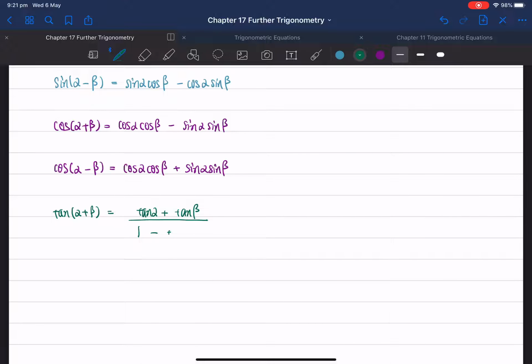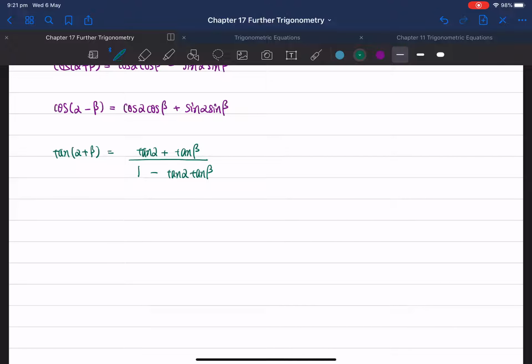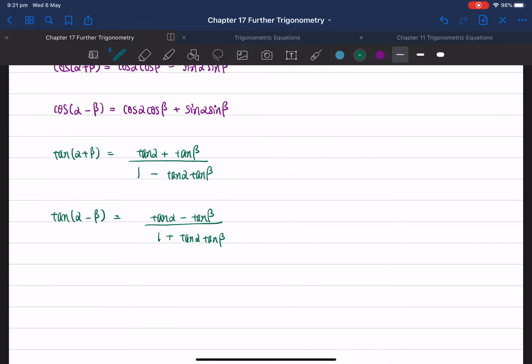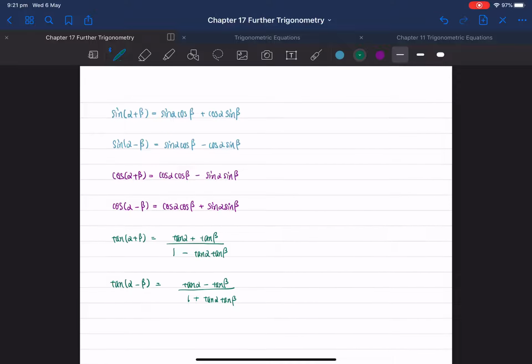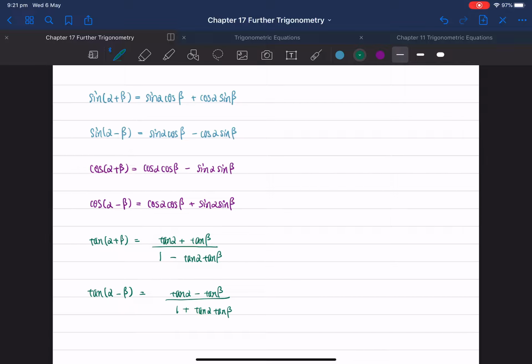So 1 minus the product of these two terms. So it's still pretty easy. And the last one is if it's minus, then for the numerator it is going to be minus, and for the denominator it's going to be plus. So these are the 6 compound angle formulas.